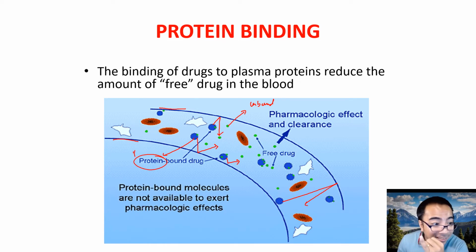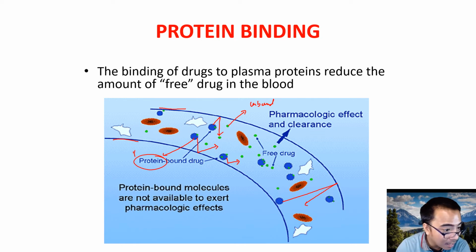And if a drug cannot distribute, it cannot go to its target sites. It cannot go to the liver. It cannot go to the kidney for elimination. Okay, it cannot be disposed. So it stays in the bloodstream. It cannot take effect because it cannot go to its target sites. Make sense? That's why, class, bound drugs, drugs that are protein bound, do not have pharmacological effects and they cannot be cleared from the body.